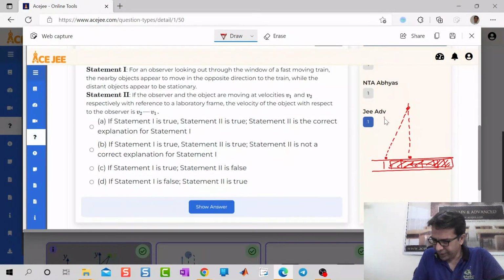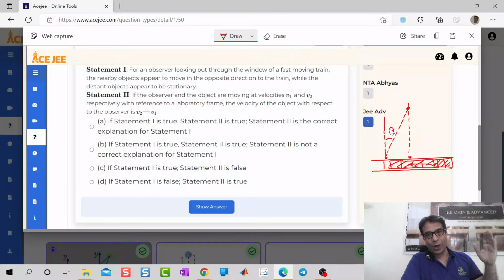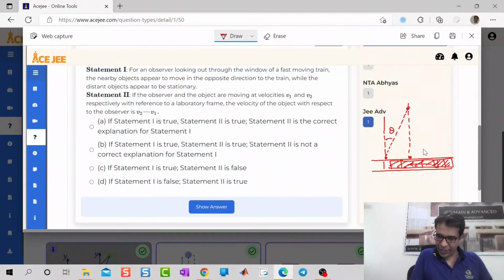So your eye registers a change of this angle theta. Yes, sir. Because we are reading that angle, how quickly that angle is changing. But when something is very close by, let's say the object was here, then look at this angle. The angle is much bigger, no?